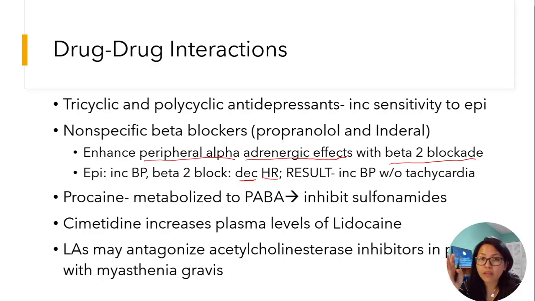If they're taking cimetidine for heartburn issues, for GERD or gastroesophageal reflux disorder, then if you use local anesthetic with lidocaine, there would be an increase in their plasma levels. All right, and then local anesthetics may also antagonize acetylcholinesterase inhibitors in patients with myasthenia gravis.